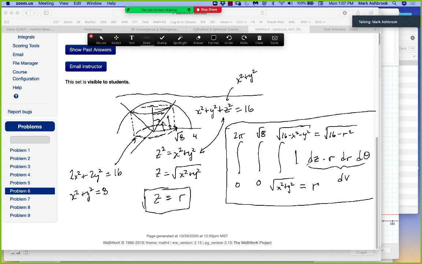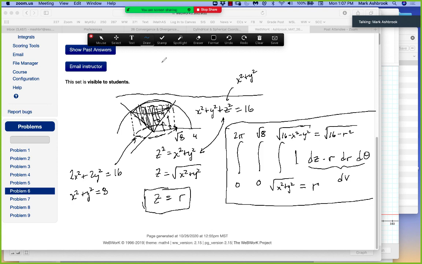When you do the first integral, your antiderivative will be z, and so then it'll be this minus this. So it would be square root of 16 minus r squared minus r will be the new integrand, and it'll be a double integral. Well, that would have been the double integral you got when you were doing it as a double integral, because to get volume, you do top surface minus the bottom surface to get everything in between.